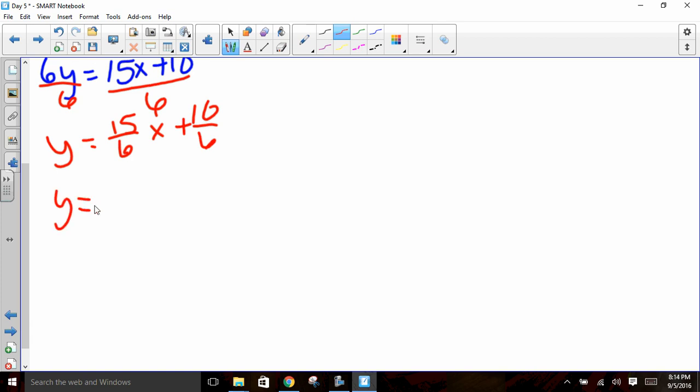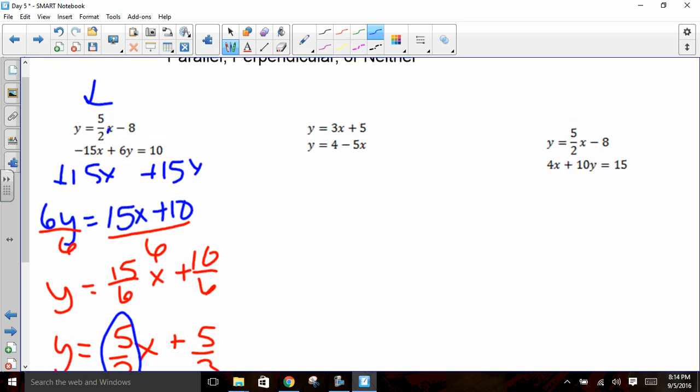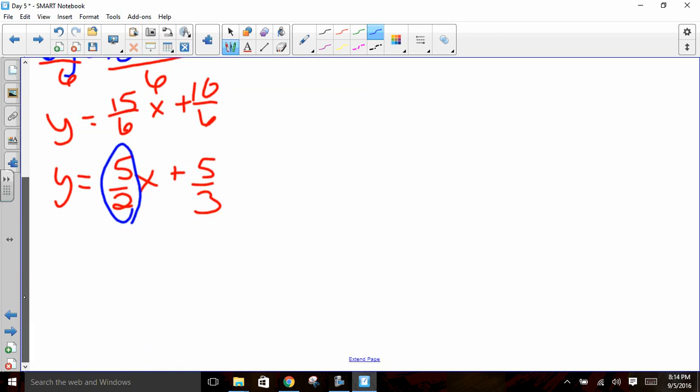I can divide 15 over 6 by 3, and I can get 5 over 2. And then I can do 10 over 6 divided by 2 each, so I can get 5 over 3. So the whole point of this is looking at this value right here. I have 5 over 2, and I have 5 over 2. Those are exactly the same number, so therefore these two lines are parallel.